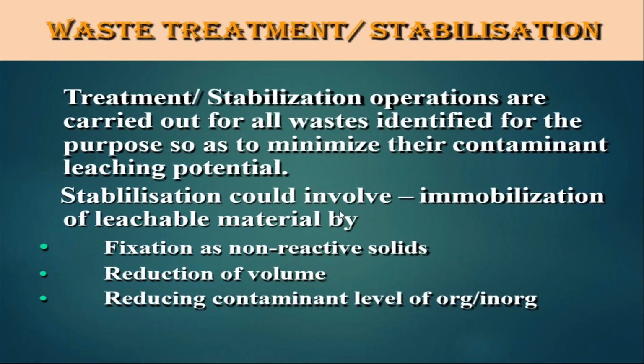Stabilization could involve immobilization of the leachate material by fixation as non-reactive solids, reduction of volume, reducing the contaminant level of organics or inorganics. So to reduce the contamination, to reduce the volume of that hazardous waste, and to fix the substance as non-reactive solids, we have to go for the stabilization process.